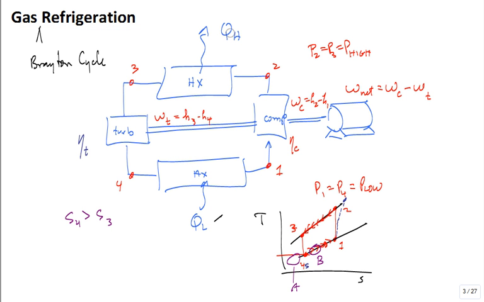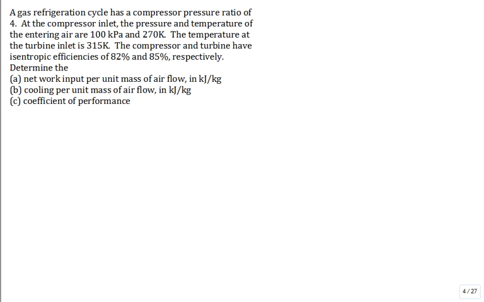Okay, so a gas refrigeration cycle has a compressor pressure ratio of 4. So that's the P out over the P in is 4. And at the compressor inlet, the pressure and temperature given for air, you're just going to use air, 100 kilopascal, 270 Kelvin.